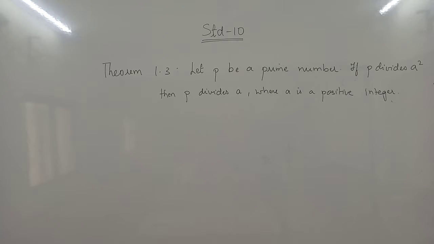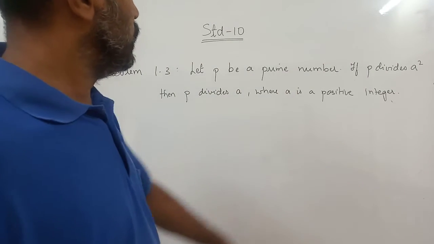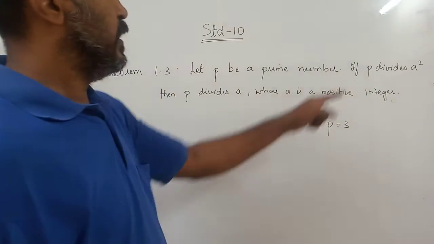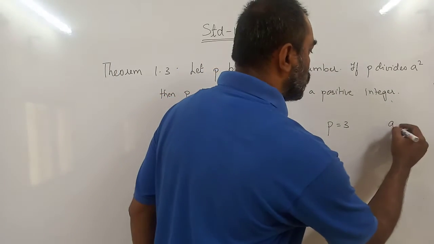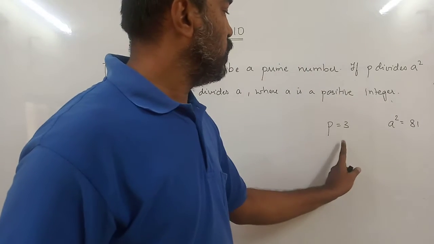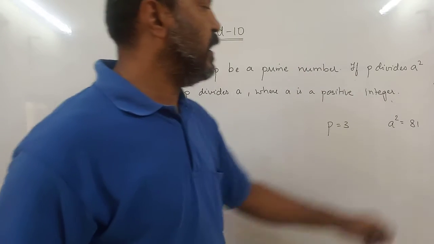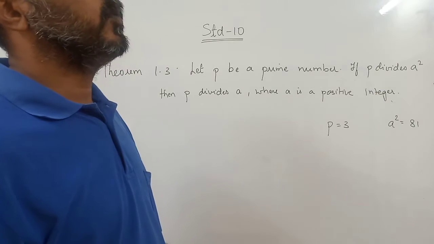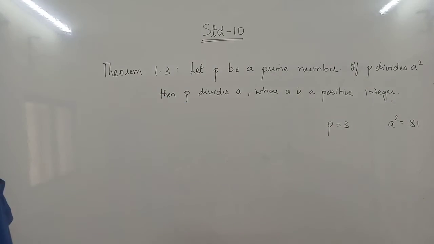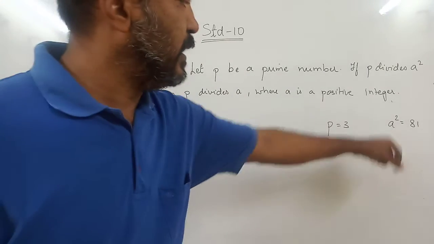Let P be a prime number, let my prime number P be 3. And let me say A square is 81. Does this 3 divide 81? 81 upon 3 is 27 and the remainder is 0. So 3 divides 81.